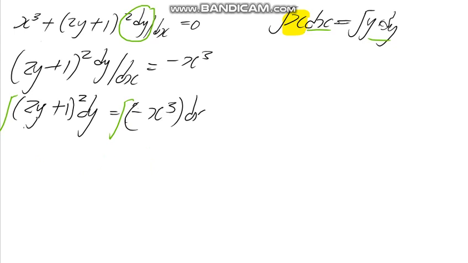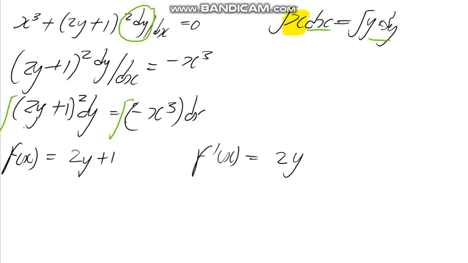Identify your f of x. Your f of x is equal to 2y plus 1, whatever is inside the bracket. Then after doing that, you find the f prime. Obviously, instead of f of x, you're going to put f of y, because you're using the functions of y.